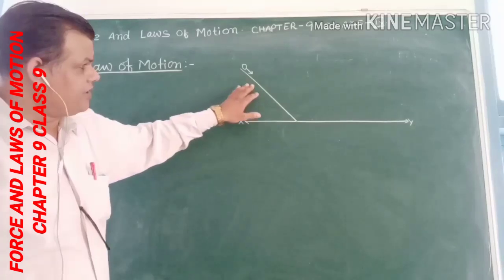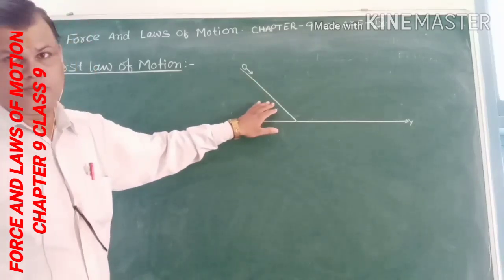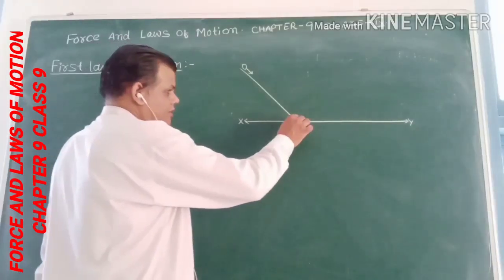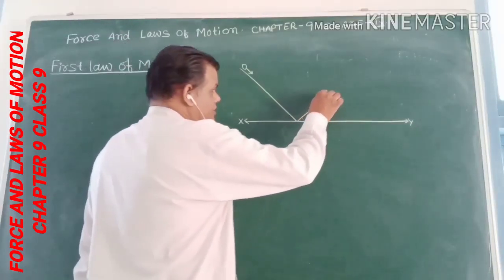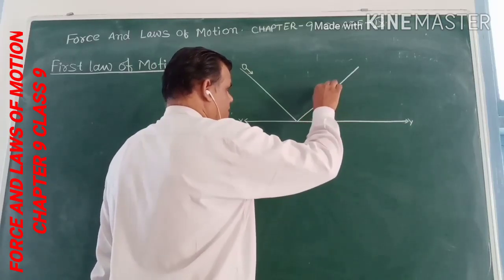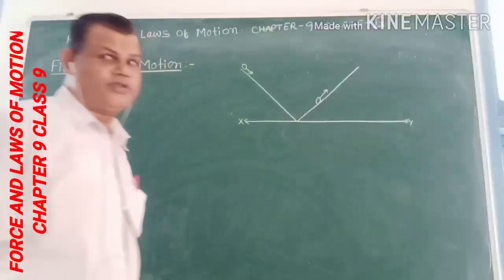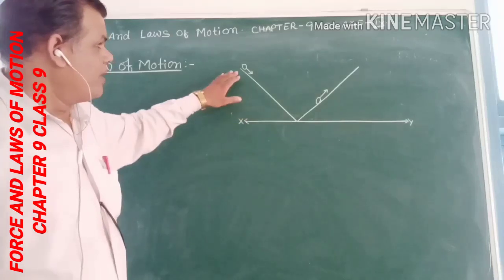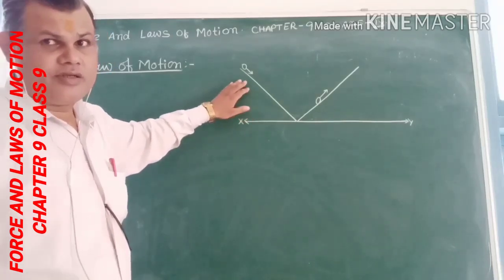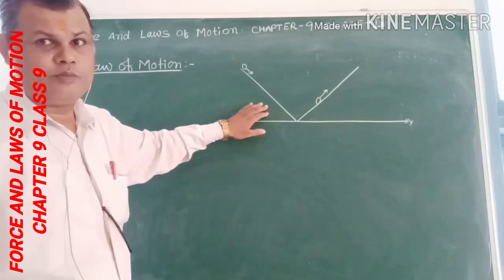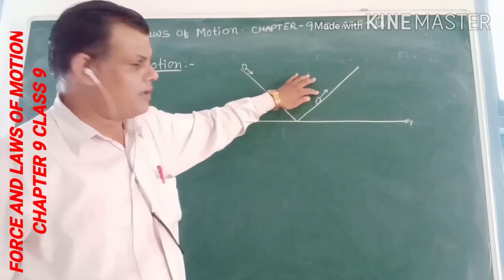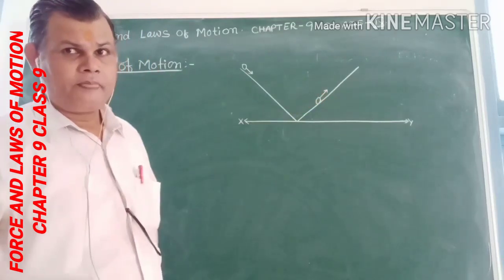If this plane is also frictionless, then it will try to go up like this. But what we observe here is that when this marble is coming down, its velocity is more compared to the velocity when the marble is going upwards.